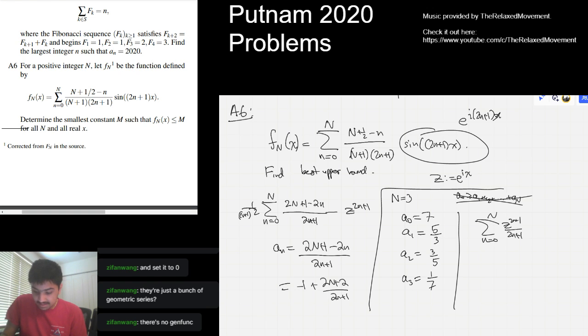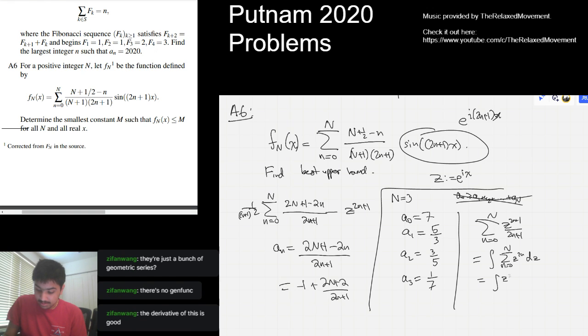Yes, this is the integral of, right? Just the integral of... wait, but don't you want to integrate it?